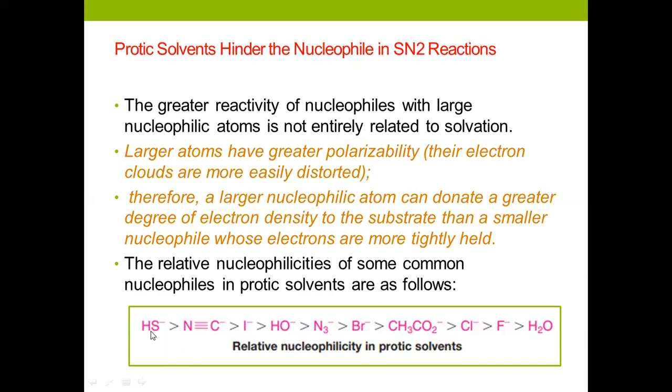You have your HS to be more nucleophilic than CN, and for HS and CN, the hybrid orbitals are also being utilized.